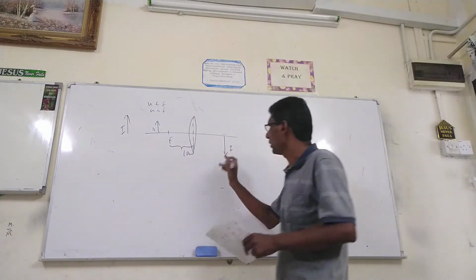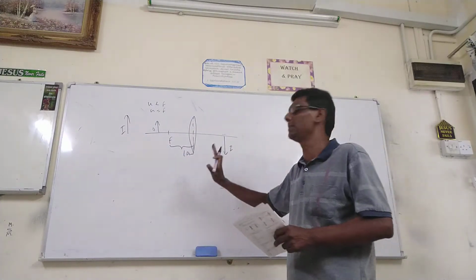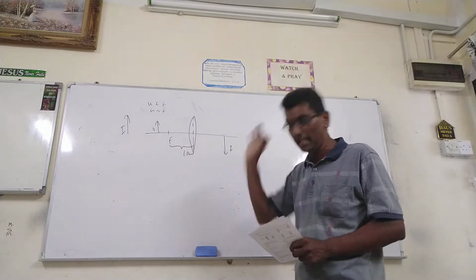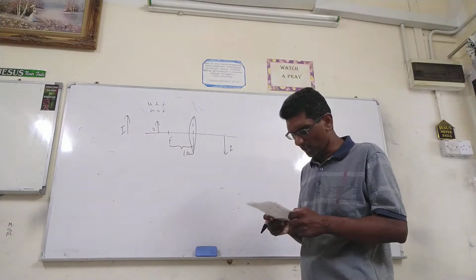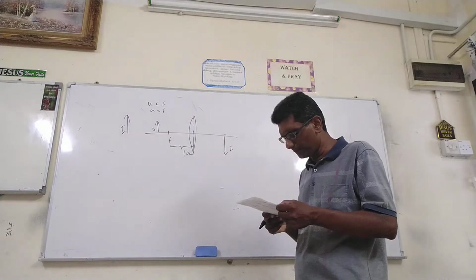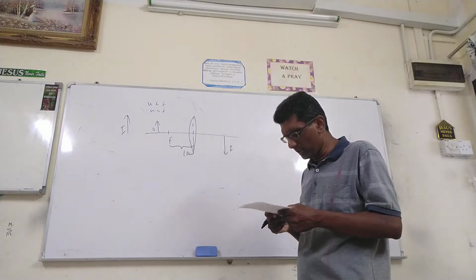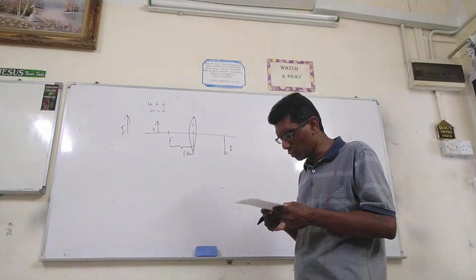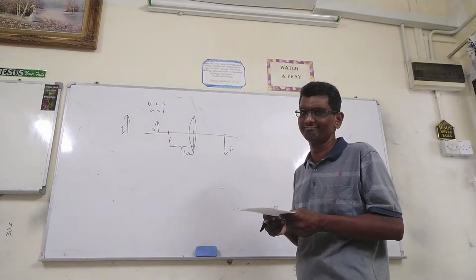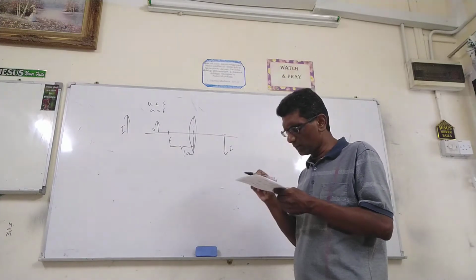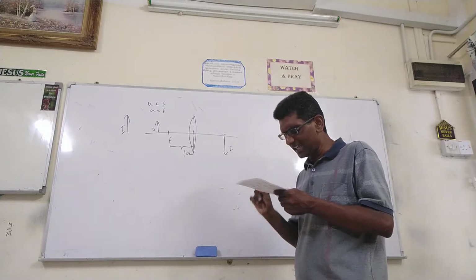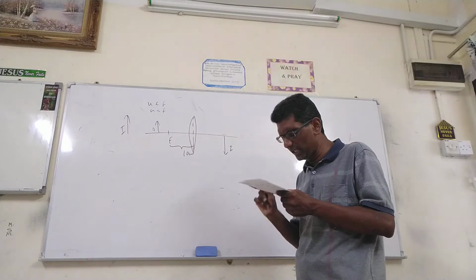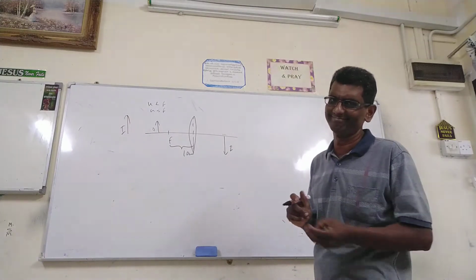But this one, the image is inverted, so the image must be on the other side of the lens. An inverted image or real image must be on the other side of the lens. The inverted image is formed, given that the size of the image is twice the size of the object. Calculate the distance between the image and object.